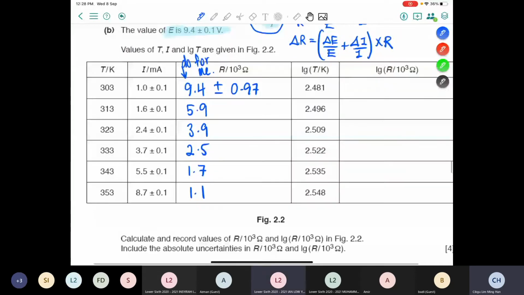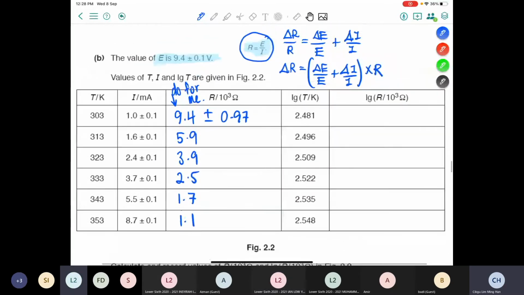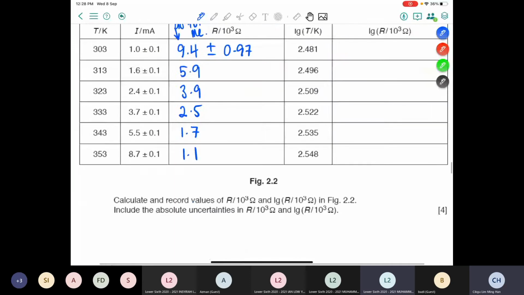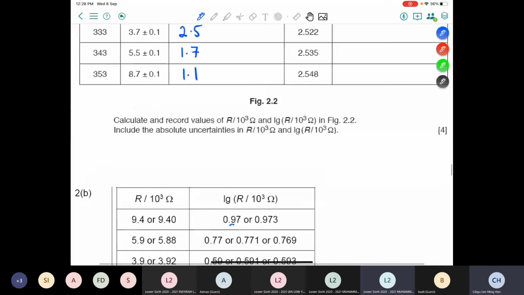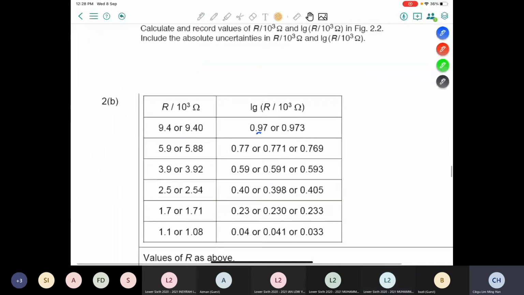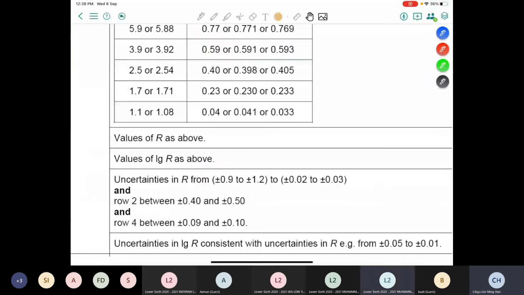Sir, the 0.97 is not for the log R, right? You mean this? The uncertainty. Oh, okay. Sorry. The uncertainty of R is 0.9 to 1.2.